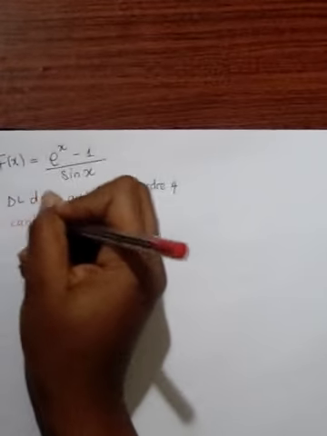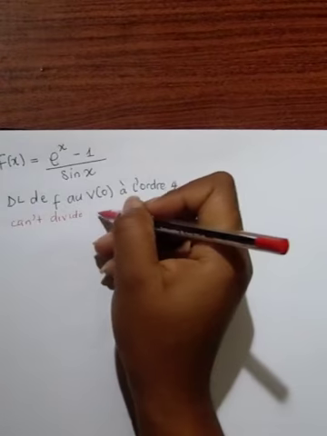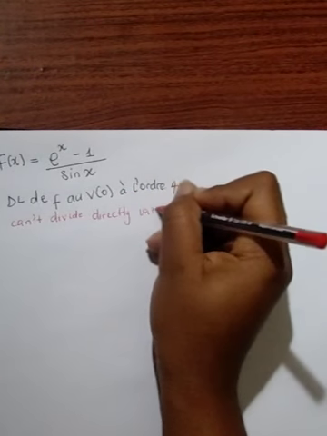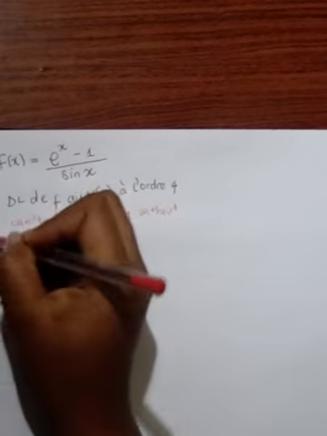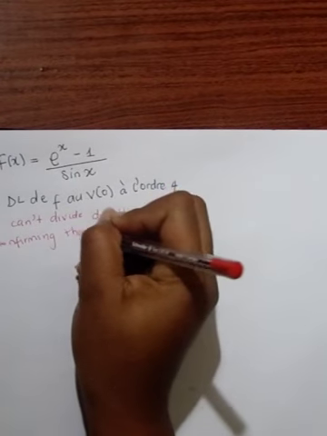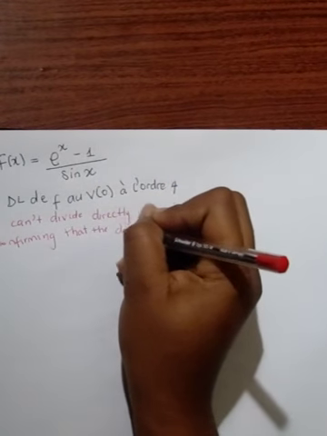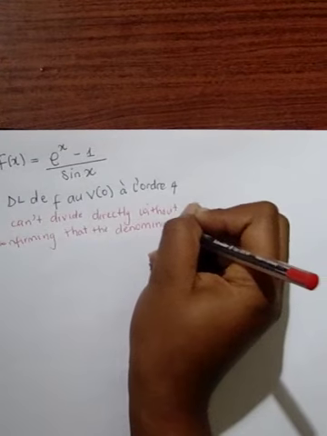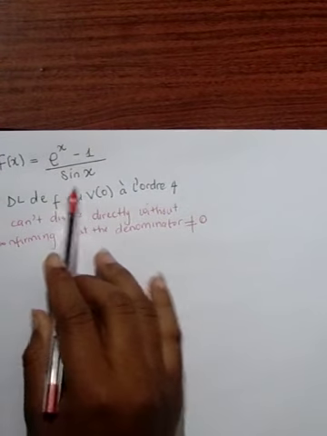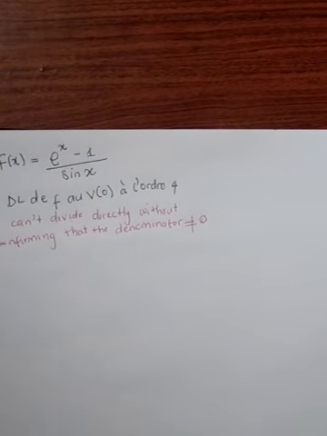You basically can't divide directly without confirming that the denominator is different from 0. In this case, sinus x. We have to be sure that sinus x is different from 0 before we can carry out the division à la puissance croissante.